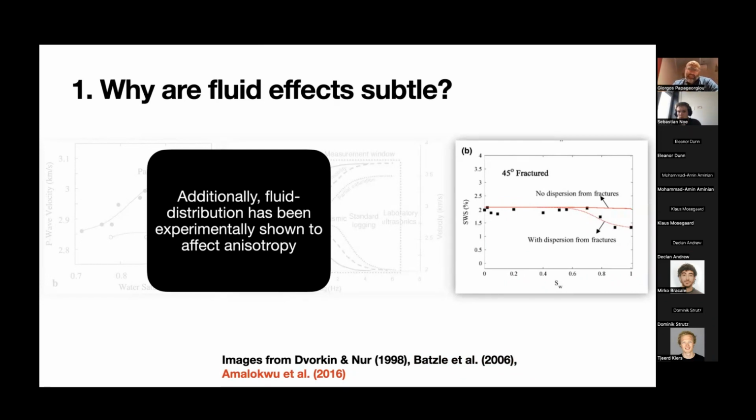And it can be argued that there's no rock that isn't anisotropic. So some work that Kelvin Amalokwu did, who's now at Exxon, showed that this fluid distribution also affects how anisotropy manifests itself when you try to measure it.